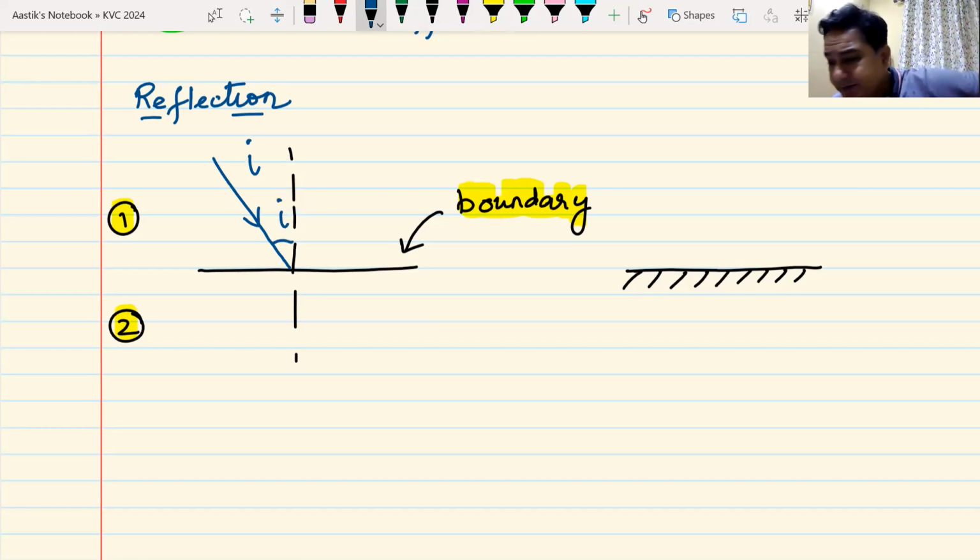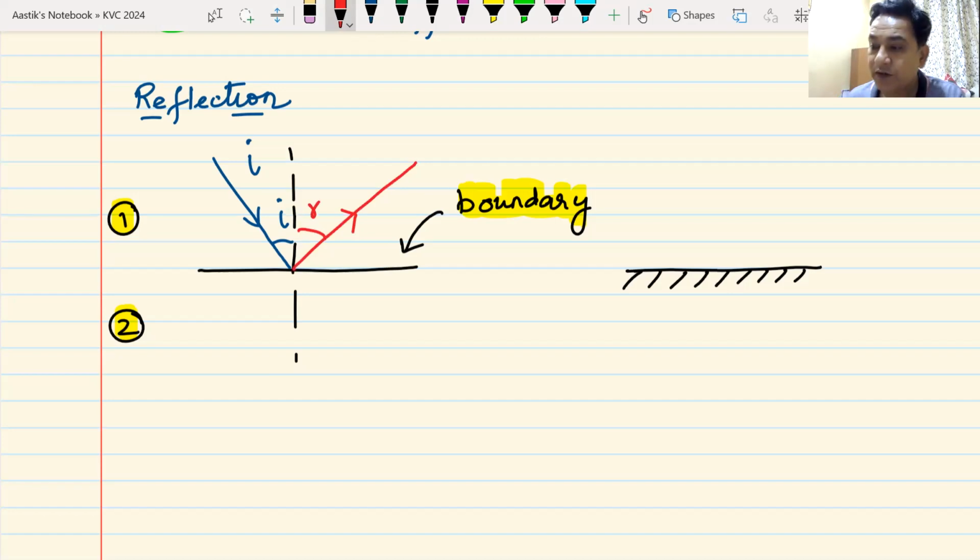If light is falling on a boundary between two mediums, a part of it is going to be reflected, or bounces back, in the same medium.